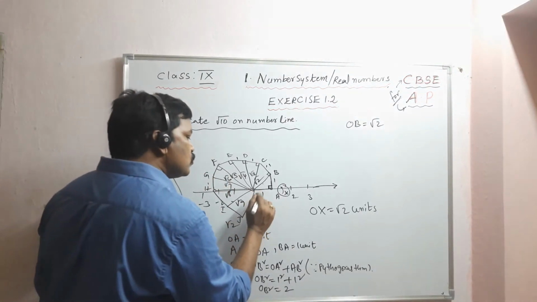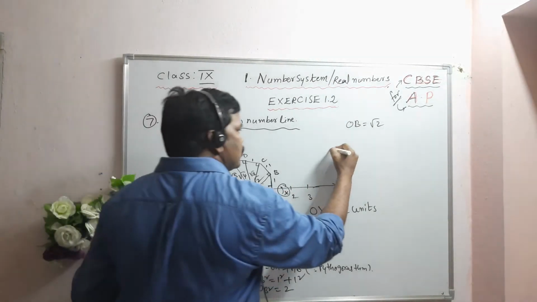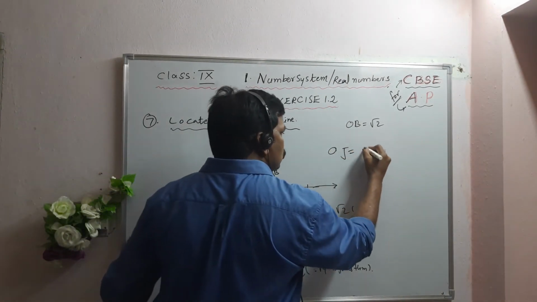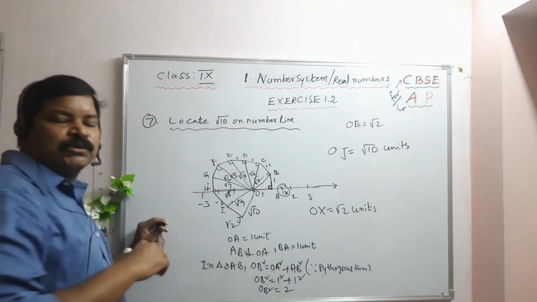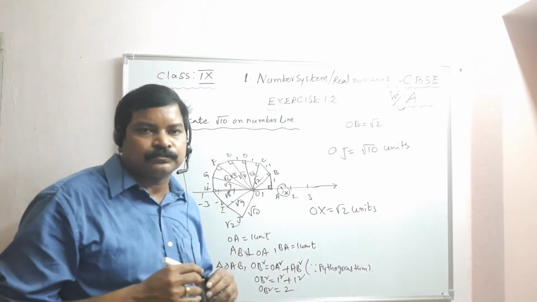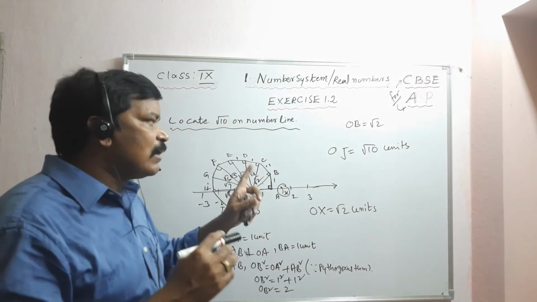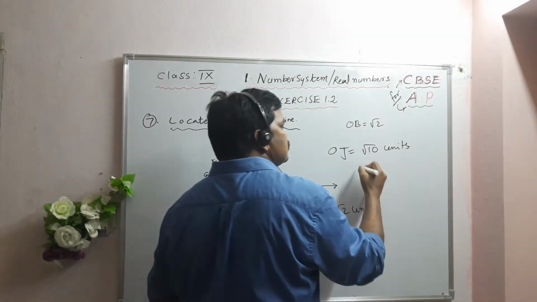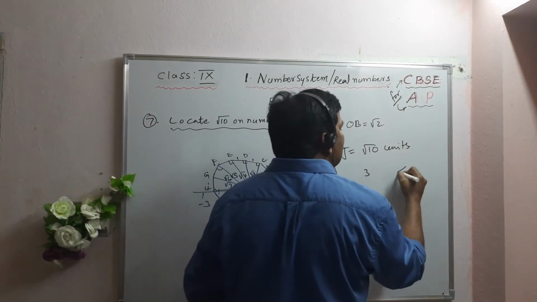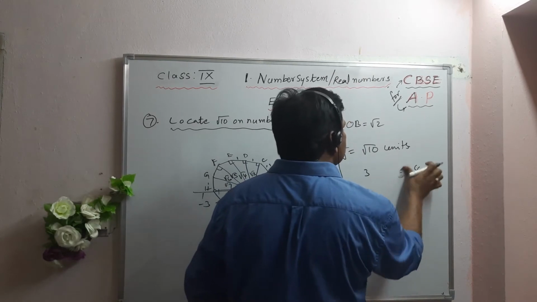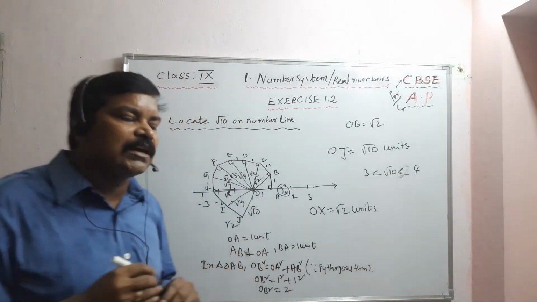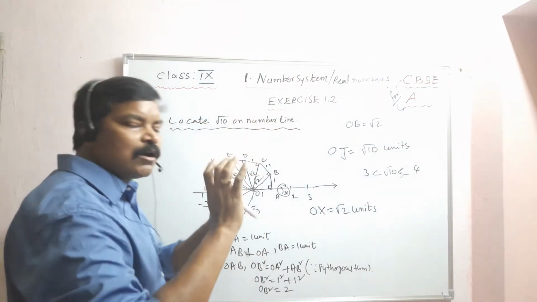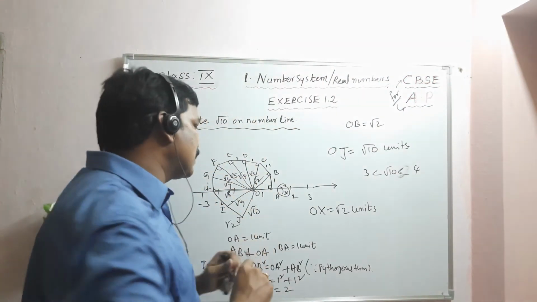So what is OJ, children? The length of OJ is root 10 units, no? Actually, the value of root 10 is more than 3 and less than 4. That means it is between 3 and 4. Now, how do you locate root 10 on number line?